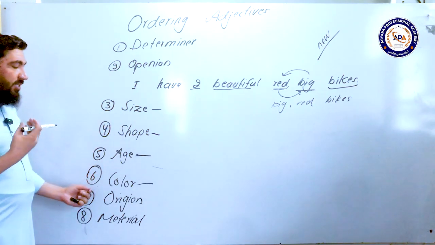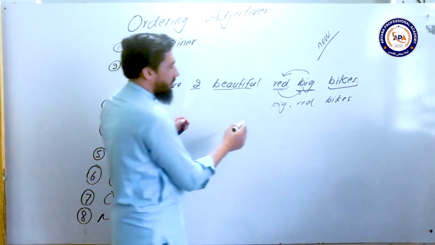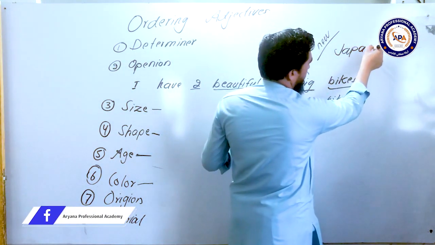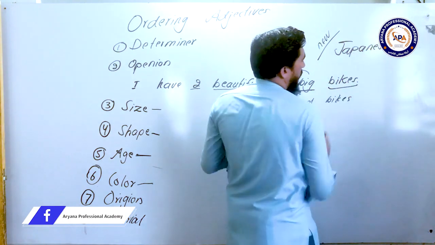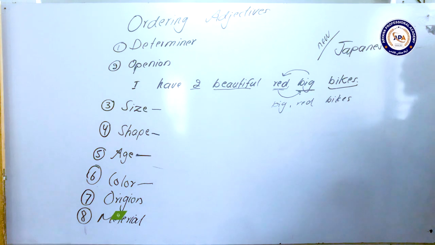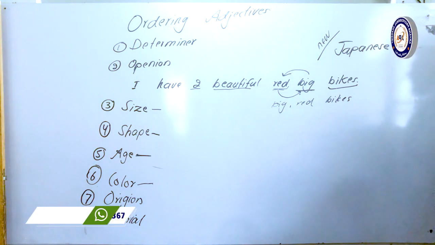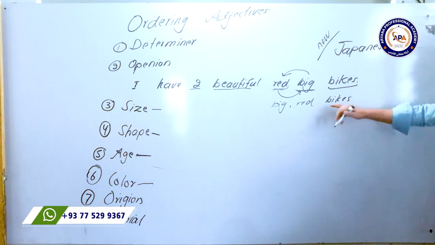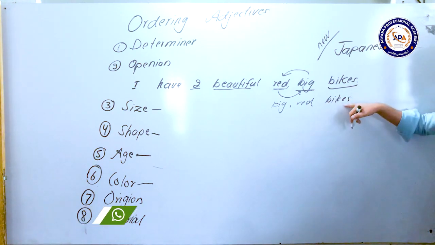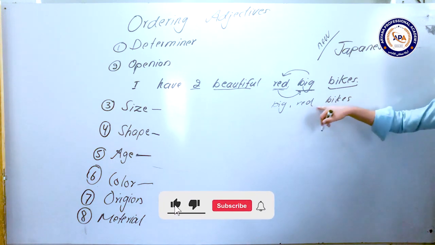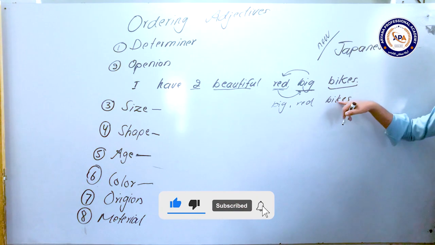If I want to add the word Japanese, where should I put this word? Beautiful Japanese. I have 2 beautiful Japanese big red bikes. Anyone else? Oh, big red Japanese bikes.